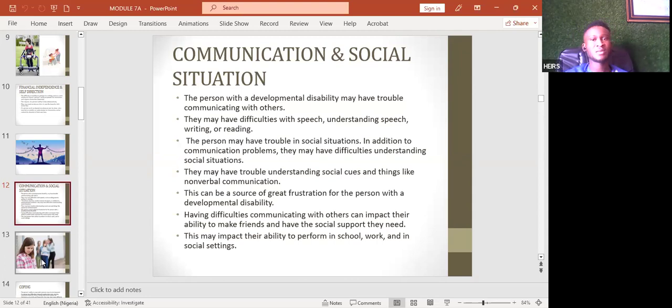So people with developmental disability may have trouble communicating with others. They may have difficulties with speech, themselves being the one talking, or understanding speech. It may also affect their ability to write or read.